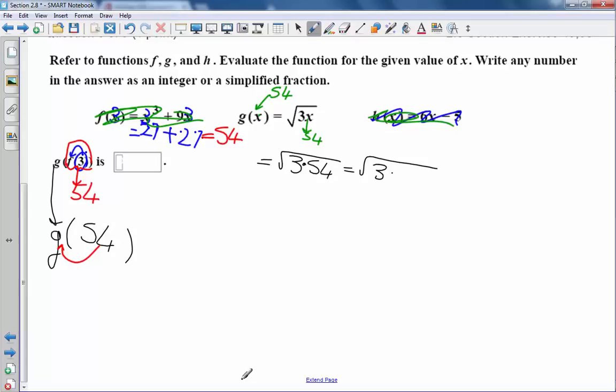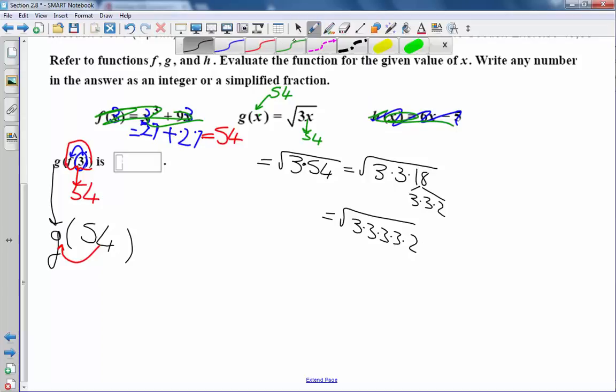Break 54 into 3 times 18. And then break 18 into another 3 and 2, 9 times 2. Right? 18 is 9 times 2. And how many 3's do we have here? And 2 by 2, I can take them out because this is 3 squared.